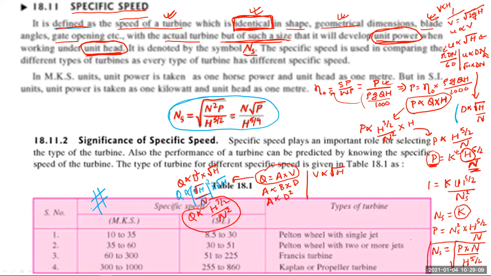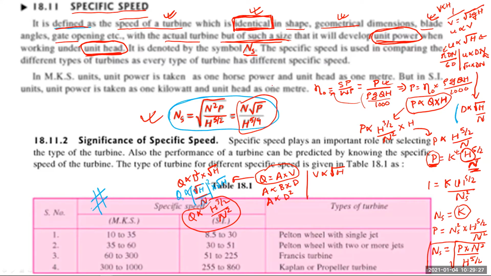This is what I have written here: NS equals to root under N square P upon H raised to the power 5 by 2. This is nothing but this expression.